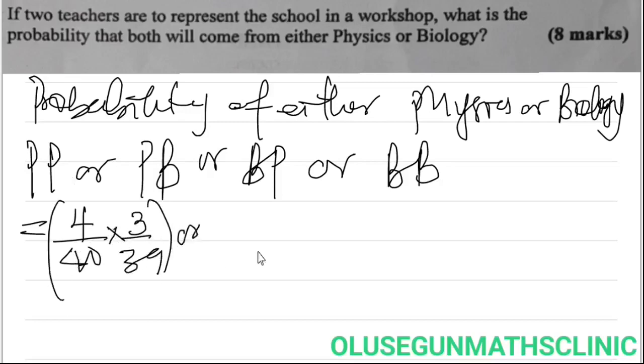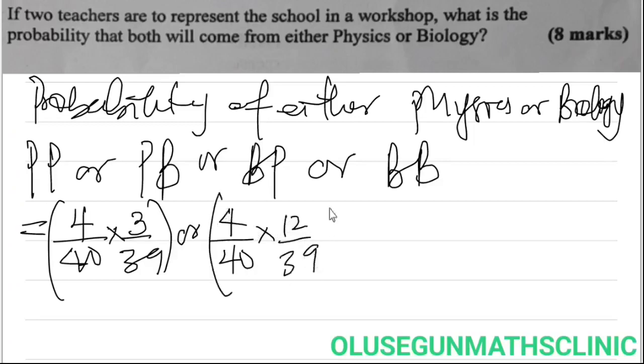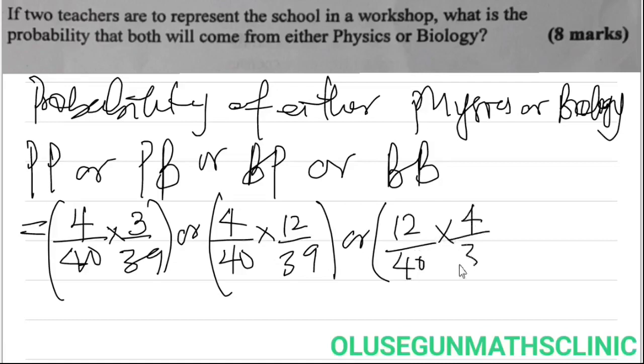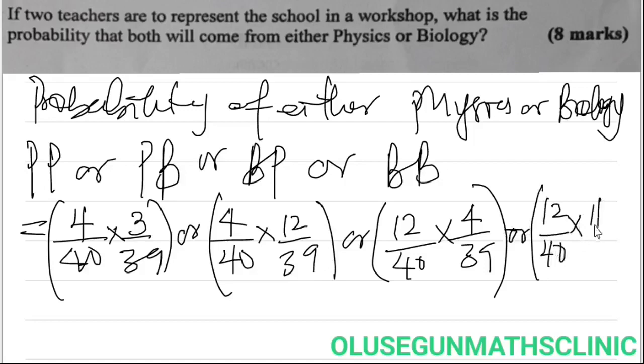Or physics, biology: that is 4/40 times 12/39, or it might be biology, physics: 12/40 times 4/39, or biology, biology: 12/40 times 11/39.